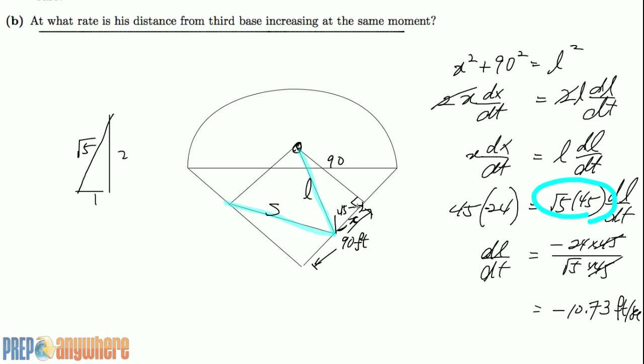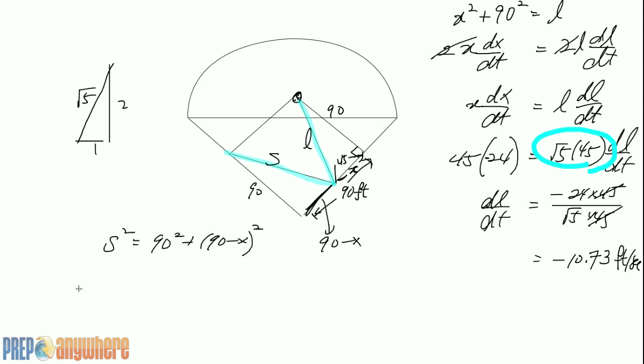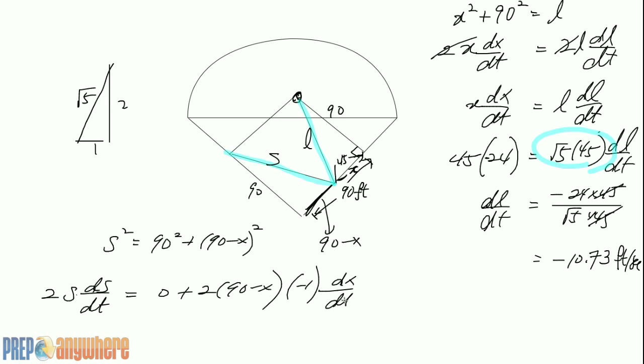The relationship now is, if this is X, then this distance will be 90 minus X, and this is still 90. So we have S squared equals 90 squared plus (90 minus X) squared. Let's differentiate this. 2S dS over dt equals 2(90 minus X), chain by the derivative of negative X, which is negative 1, times dx over dt.